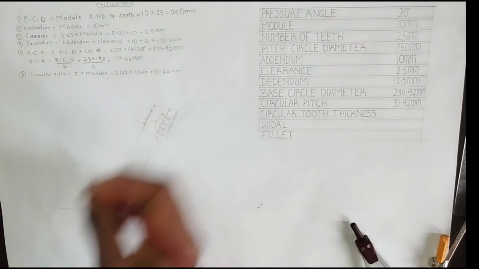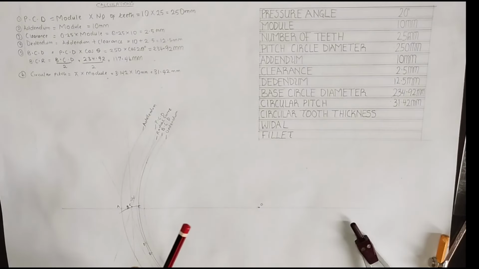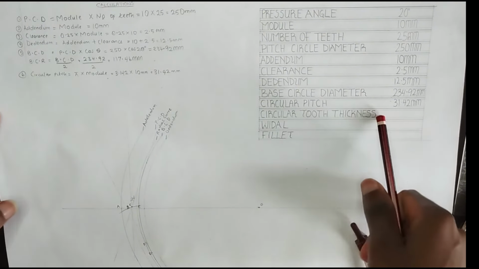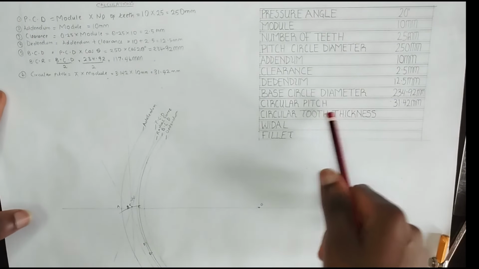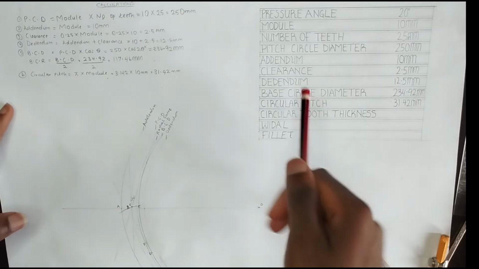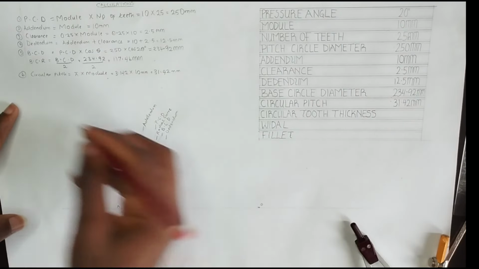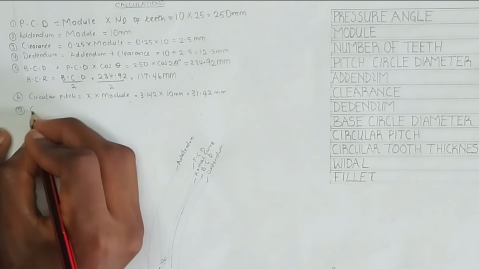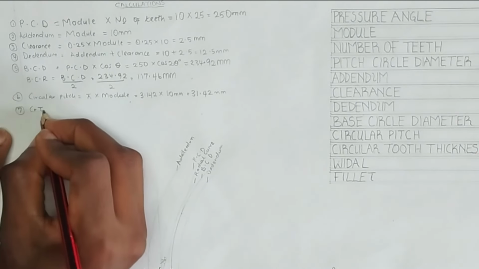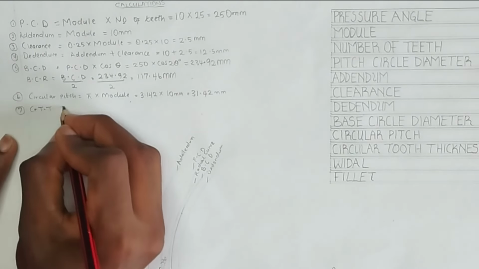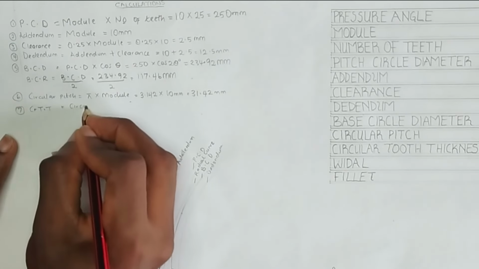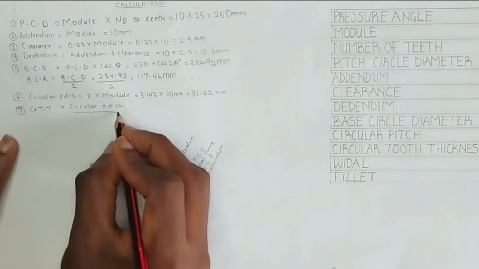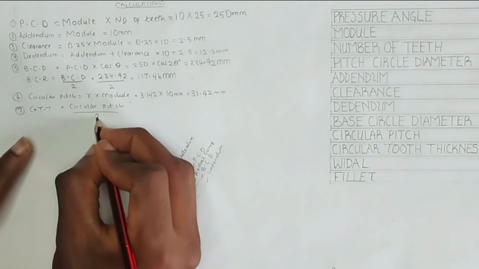So what we are actually looking for is the circular tooth thickness. But to get the circular tooth thickness, we have to find the circular pitch. So the circular tooth thickness, let me use CTT, is equal to the circular pitch divided by 2.